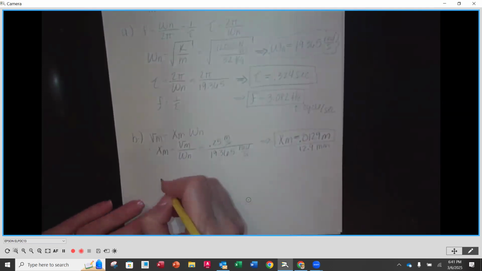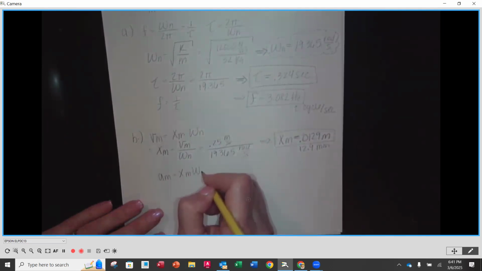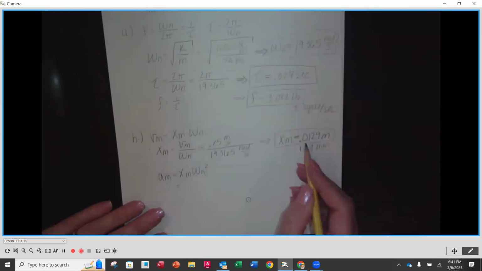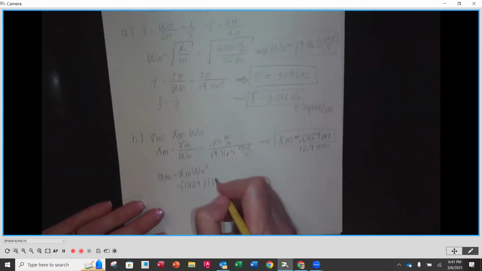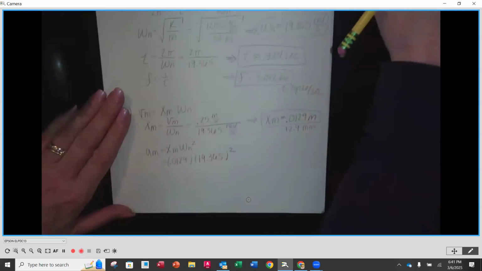Then we need to find the maximum acceleration. We know that to be x_m times our natural circular frequency squared. We know our x_m now, 0.0129 meters, and we multiply that by 19.365, and we have to square that value.